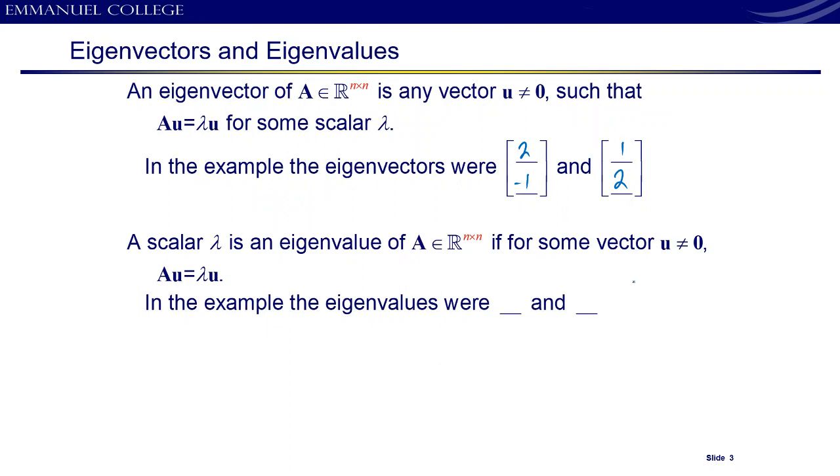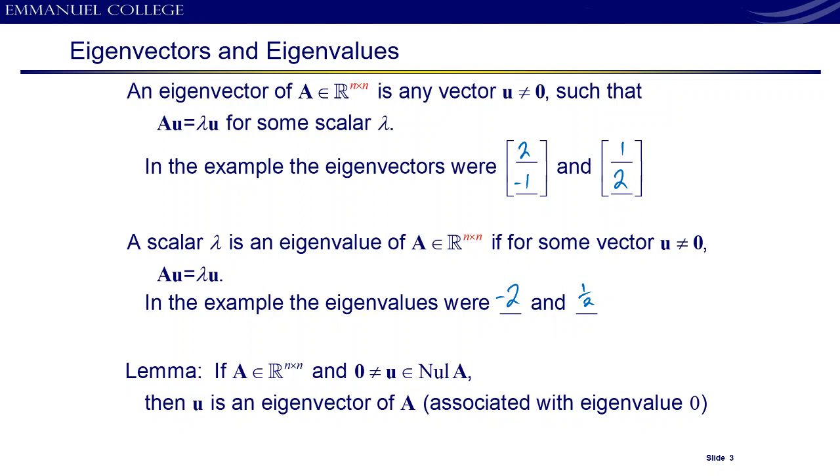So the corresponding eigenvalues are negative 2 and 1/2. When I multiplied the first vector by A, it was the same as if I had just done negative 2 times the vector, and similarly for the second vector and the second eigenvalue. Eigenvalues are numbers, and of course an eigenvector is a vector.